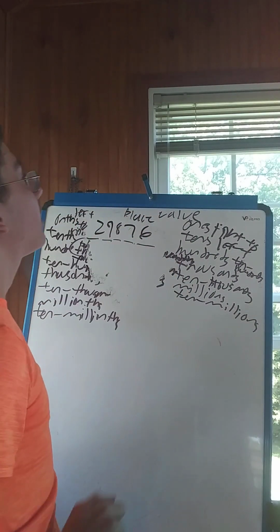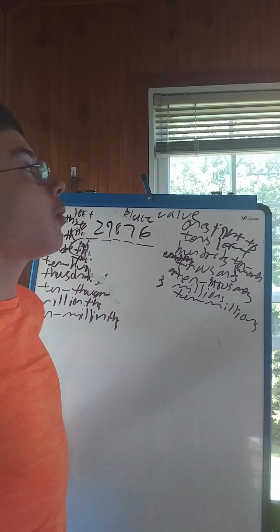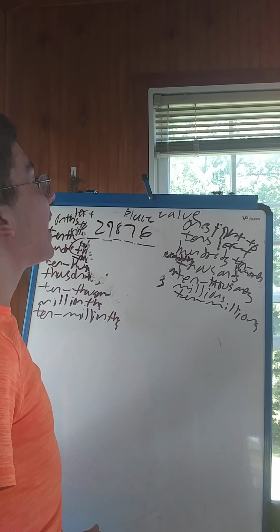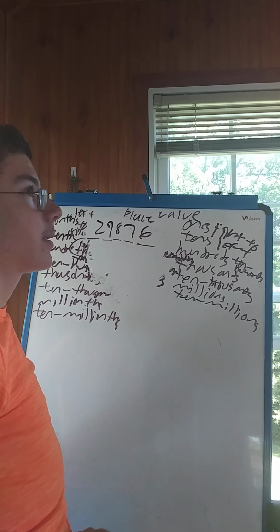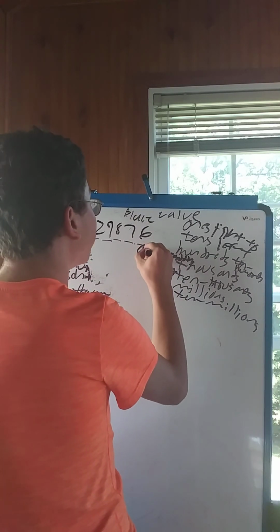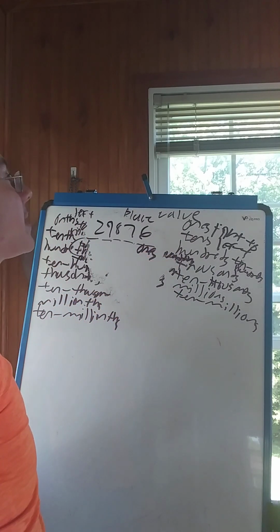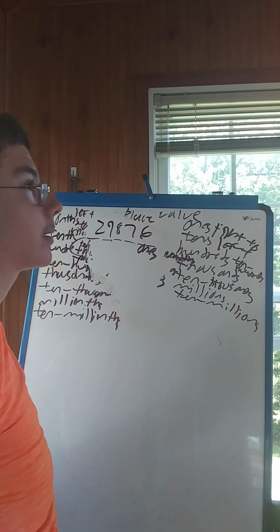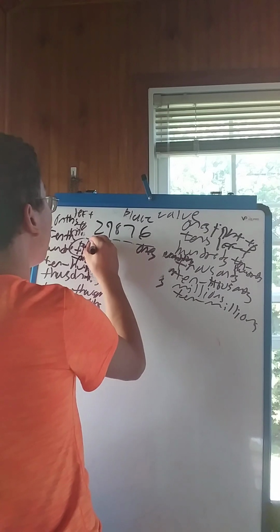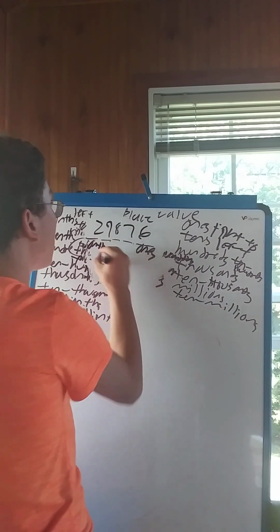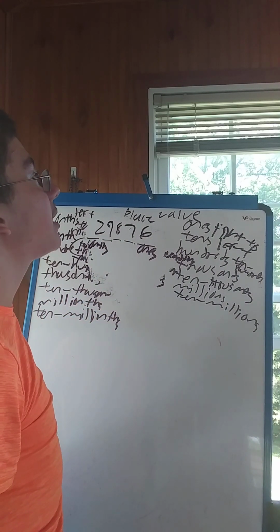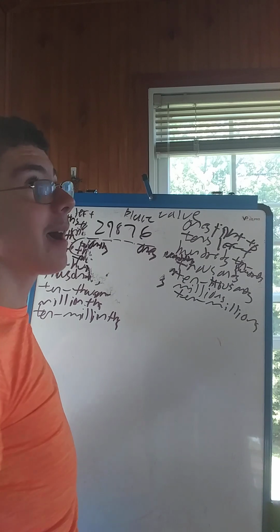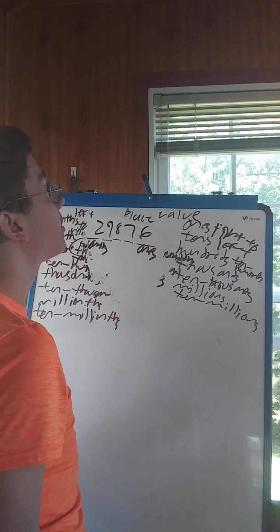So what would the 6 be going right to left? Ones. Amazing. What would the 2 be going from left to right? Yes, ones. What would the 7 be going right to left? Tens.